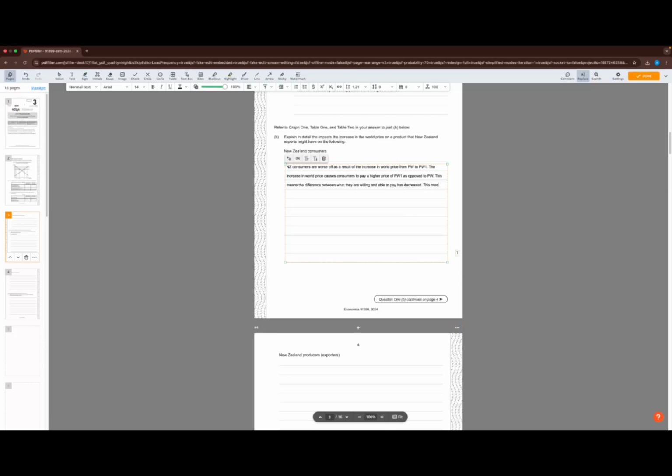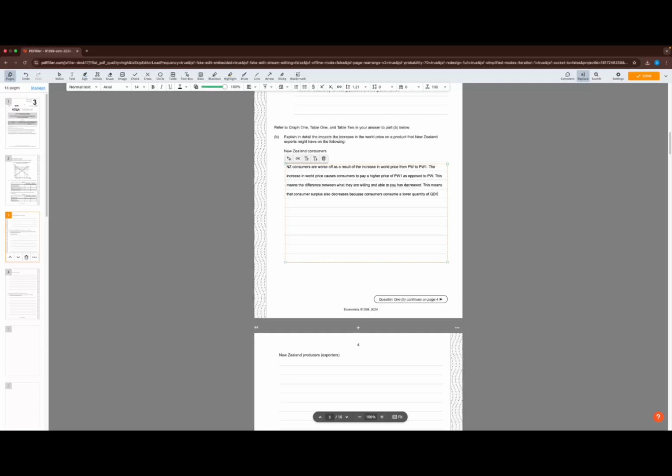This means that consumer surplus also decreases because consumers consume a lower quantity of QD1 on our graph.